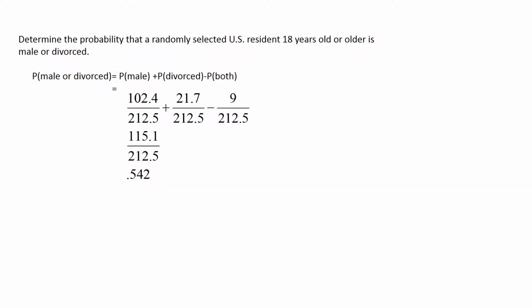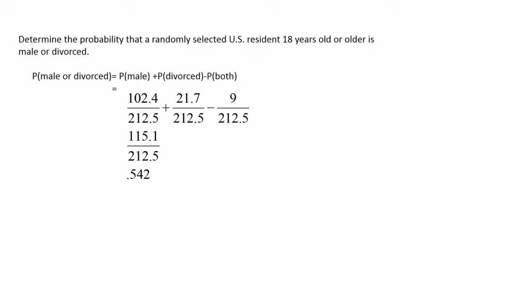Next, determine the probability that a person 18 years old or older is male or divorced. The probability of being male is 102.4 divided by 212.5. The probability of being divorced is 21.7 divided by 212.5. The probability of being a divorced male is 9 divided by 212.5.